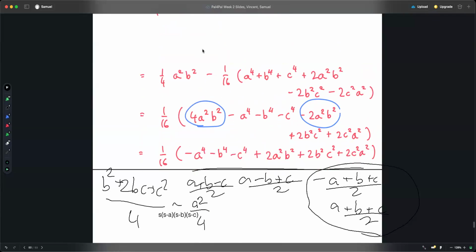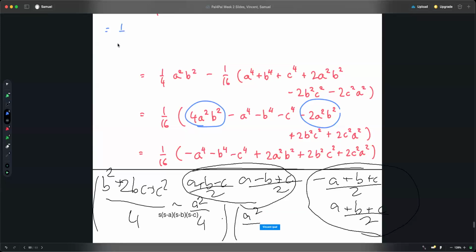The product of these two, well, the difference term is b minus c. So you have times a squared over 4 minus b squared minus 2bc plus c squared over 4.